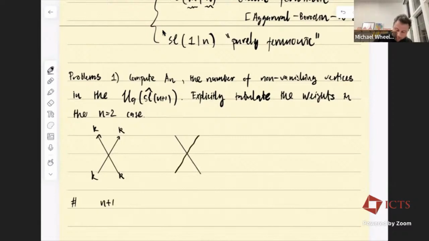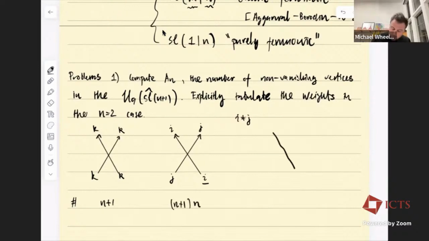Then I had these more interesting vertices where, let's say, I have i here and j here, and maybe let's assume that the colors cross. Here we're assuming that i is not equal to j. So clearly for i, there are n plus 1 possible choices, and then once you have chosen i, there are n remaining choices for j. So that gives n plus 1 times n.